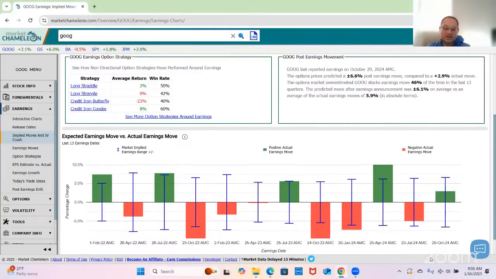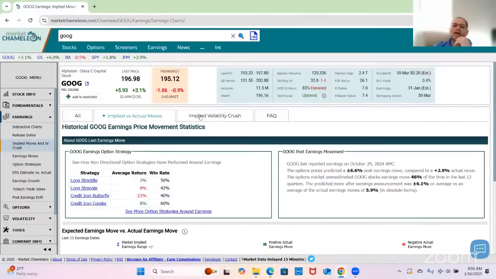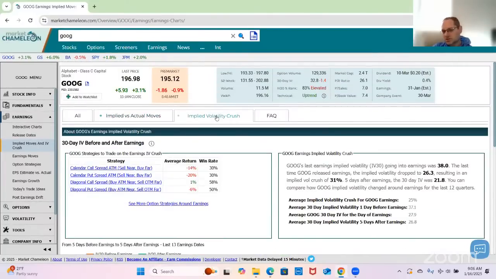And since we don't have an exact option to reference, we come up with a model or formula to track a 30-day constant maturity IV, just like the VIX does, right? And that's what we're looking at when we look at this implied volatility crush. How did the 30-day IV tend to get priced before and after earnings?